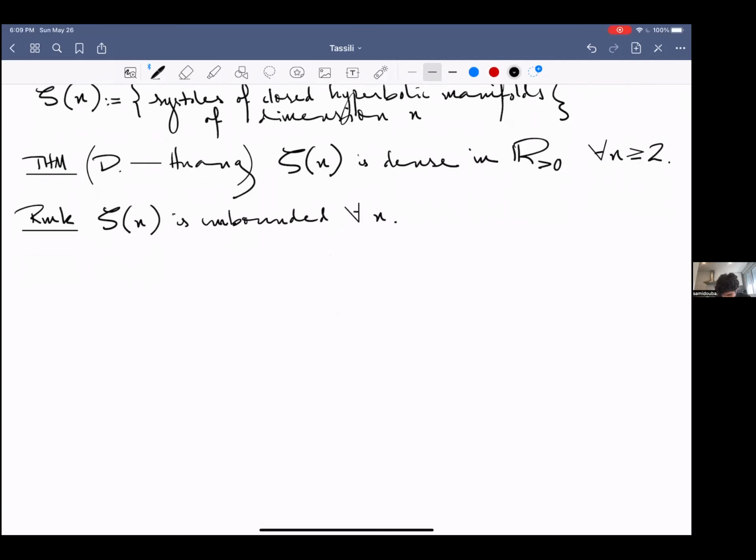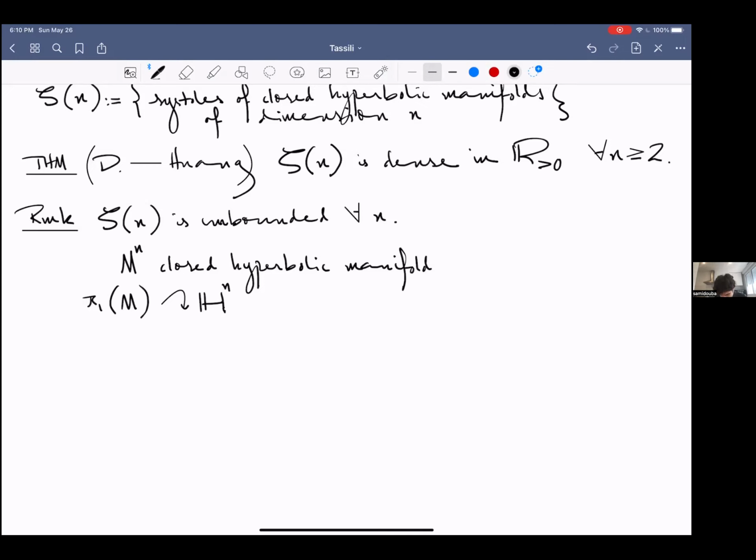So the point is that if M is a closed hyperbolic manifold, then the deck transformation action of its fundamental group on hyperbolic space of dimension n realizes the fundamental group of M as a finitely generated linear group, right? A group generated by a finite set of matrices.